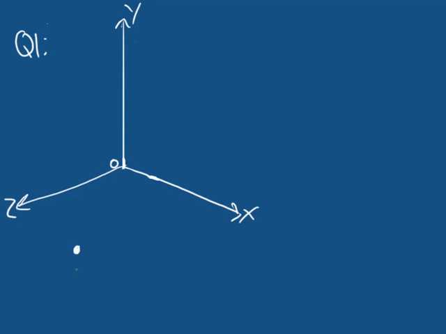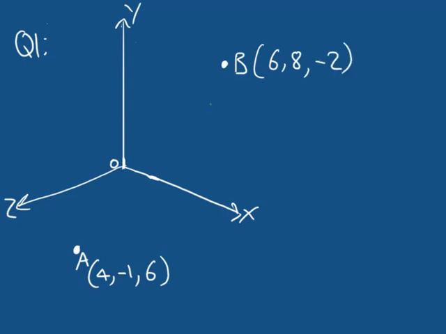We have a point here, which I'm going to call point A, and let's say this is 4 units in X, minus 1 unit in Y, and 6 units in Z. And we have another point up here, which I'm going to call B, and let's say that B is 6 units in X, 8 units in Y, and minus 2 units in Z. And what I'd like is a vector that travels from A up to B. So the vector V is a vector that travels from A up to B. But I'd like you to find V by using position vectors.